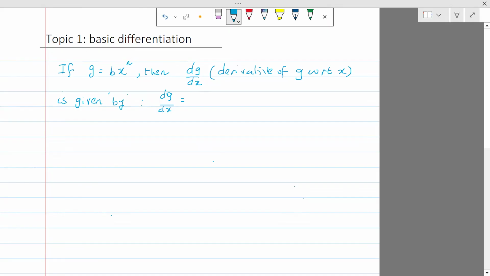I take this n, I bring it in the front, so b n, and then I write the x here, and then I have n minus 1.